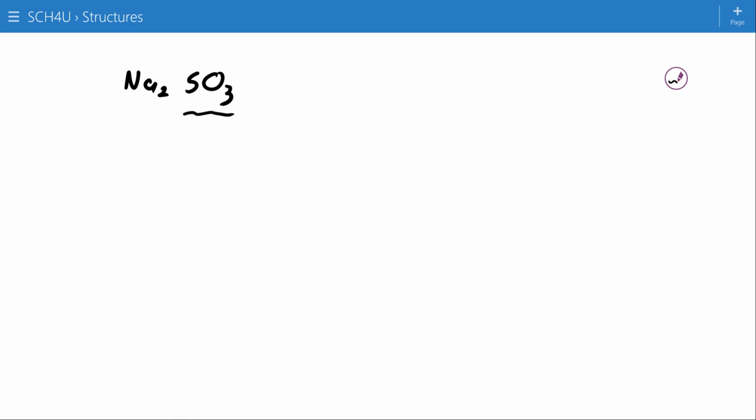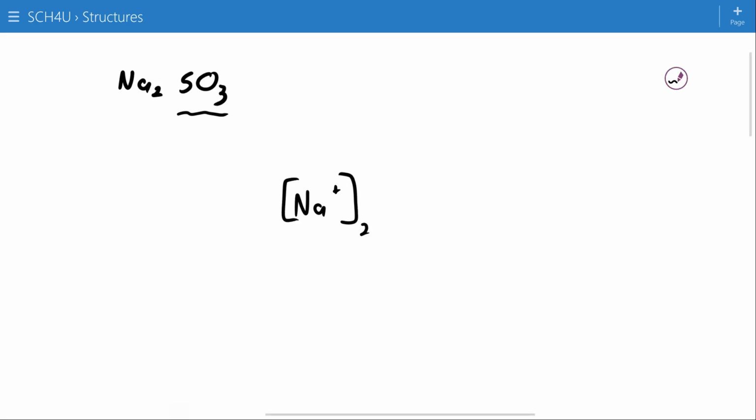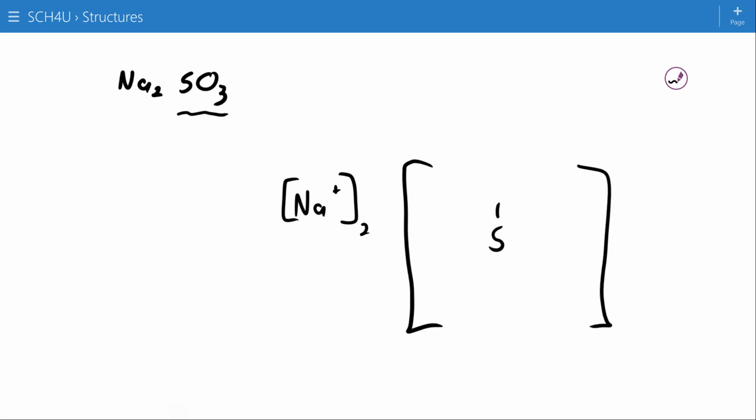If I really think about this, this would be sodium plus, and I have two of them, and then I would have my big sulfite ion, and that's going to have a charge of 2 minus. Sulfur offers 6 electrons in its valence. Oxygen, there are 3 of them with 6 electrons each.